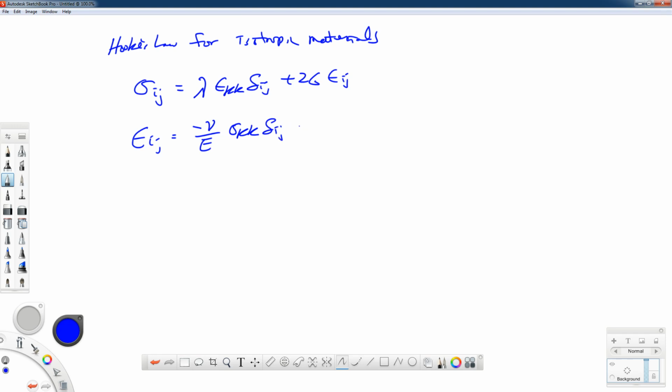Remember, this is the thing I asked you to recall in a couple pages, plus 1 plus nu over E sigma ij if it needs to be inverted.